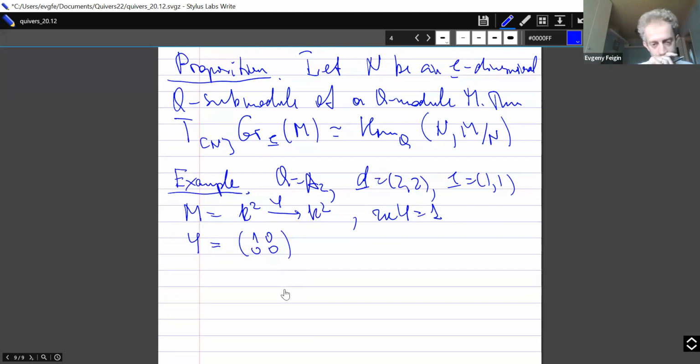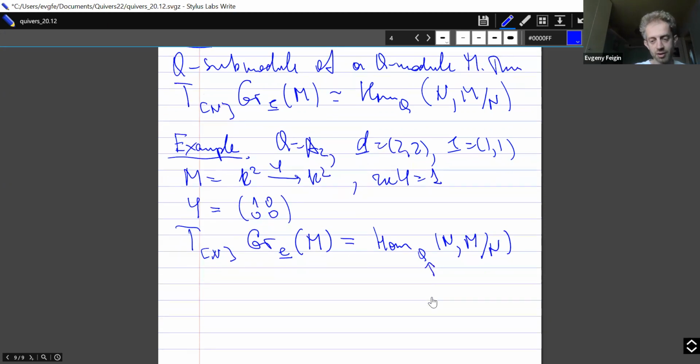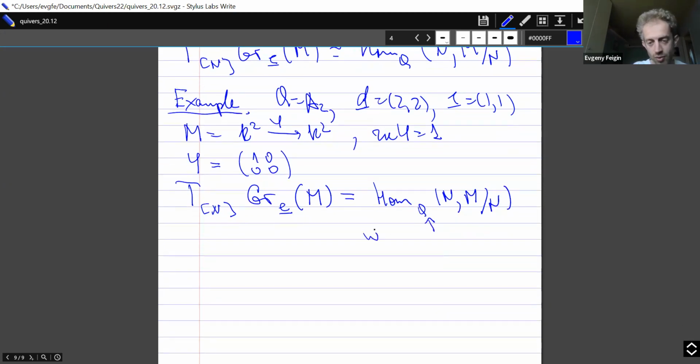So can you tell me what is T_N of Gr_e(M)? The formula says that it should be Hom_Q(N, M/N). So can we compute this? It might depend on N, but let's try to understand how.